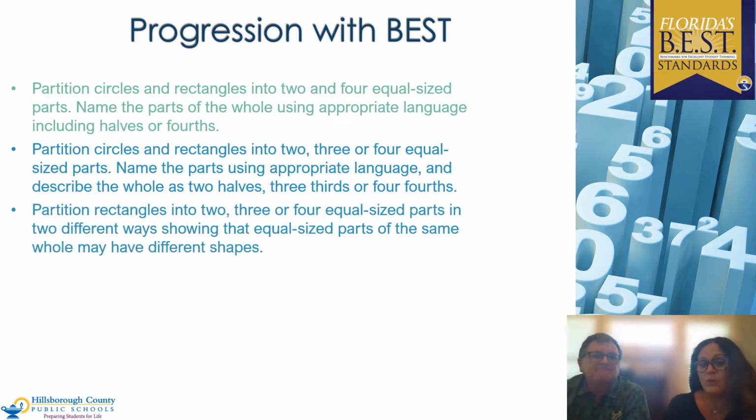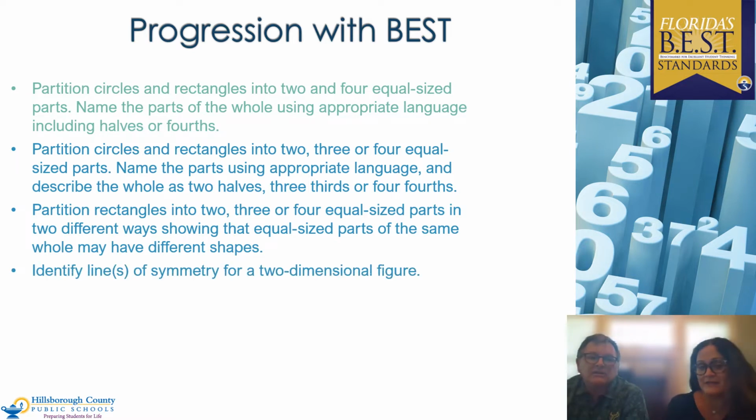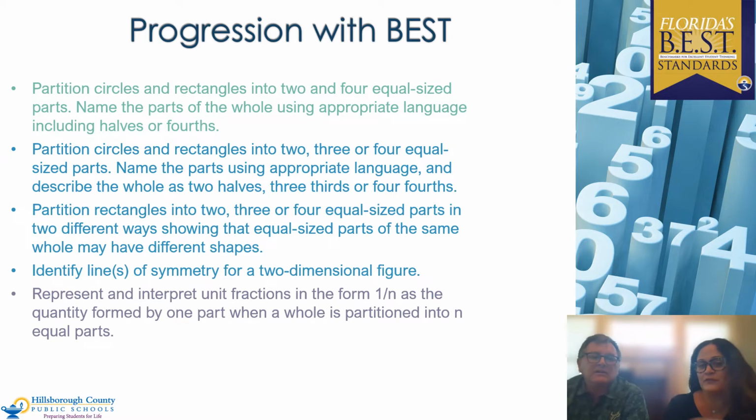What is new to second grade is partitioning rectangles into equal size pieces, but the pieces may not be the same shape. So they may not be mirror images of each other, as students have been exposed to in the past. They will also talk a little bit about symmetry and mirror images.